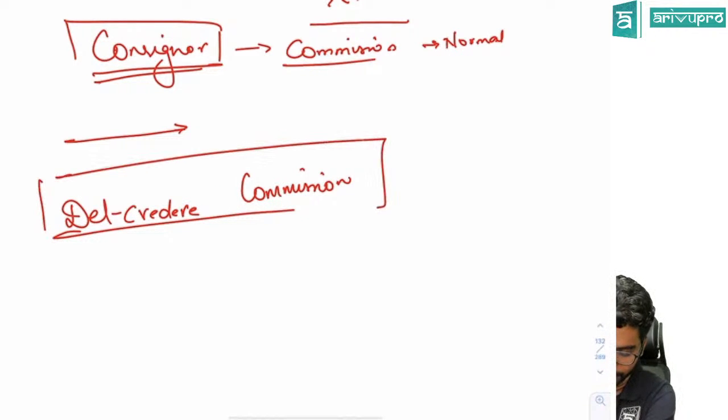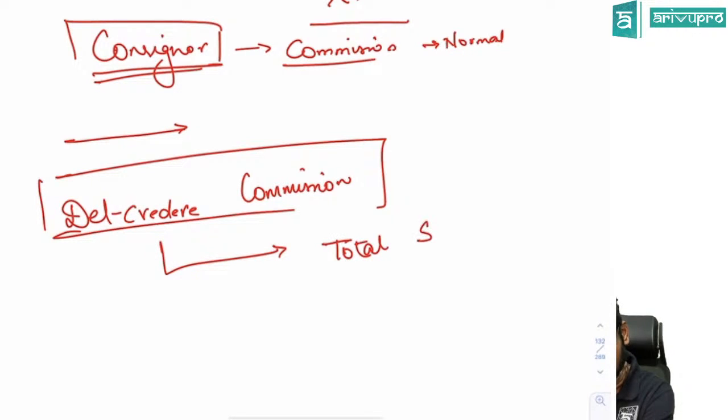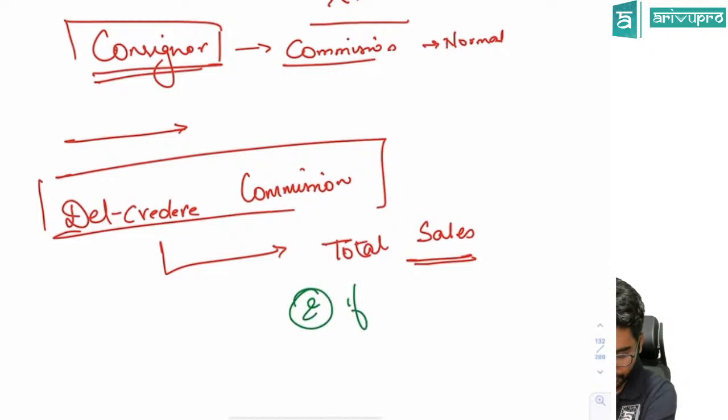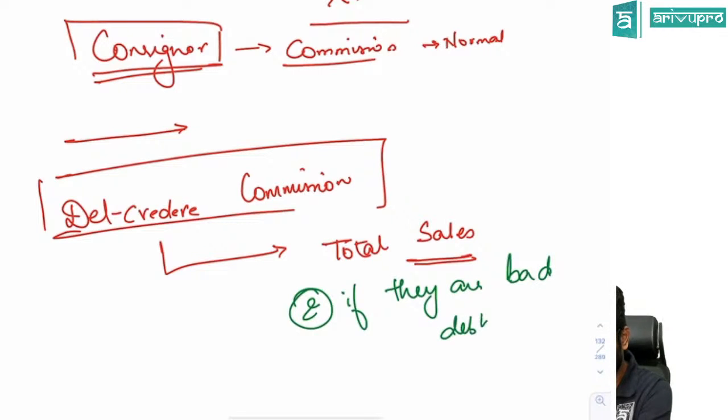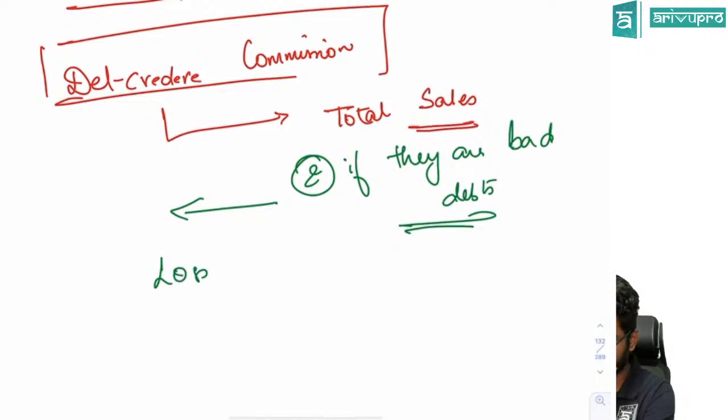This commission is calculated on the total sales, and the difference between the first one and the second one is that if there are any bad debts, the loss has to be borne by the consignee.